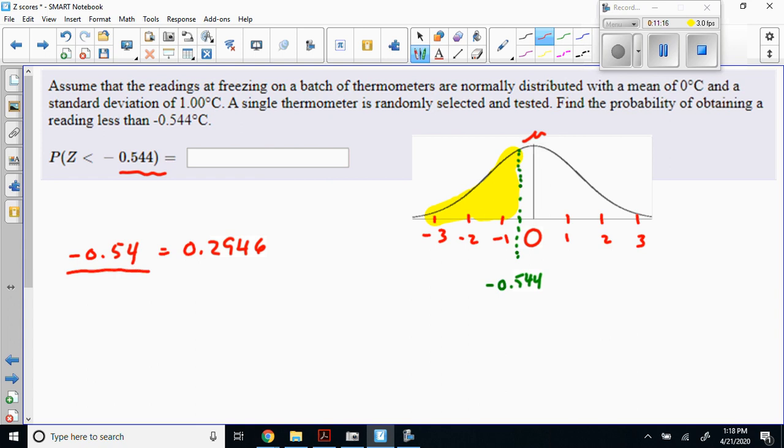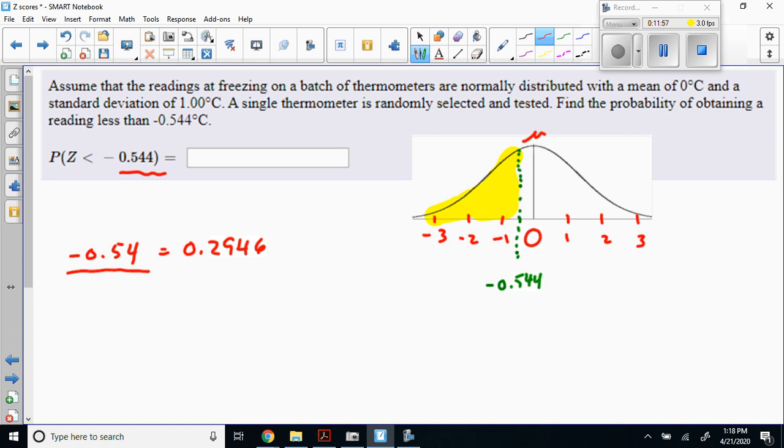Could you take it and, well, I guess you could. Let's see. I bet you they did. I really didn't consider this, but I may go back. But let me see. Negative 0.54. That would be this.